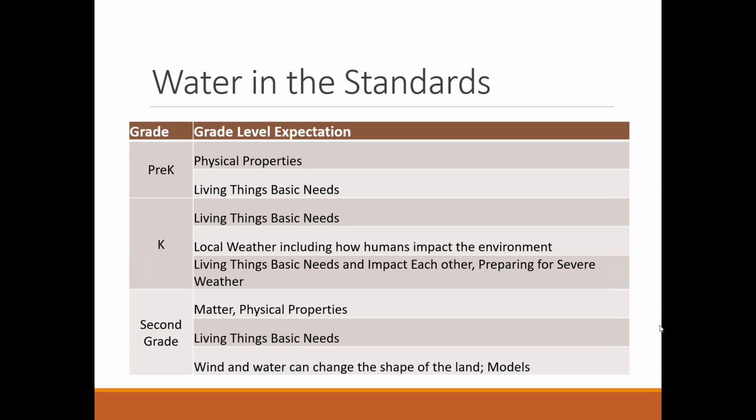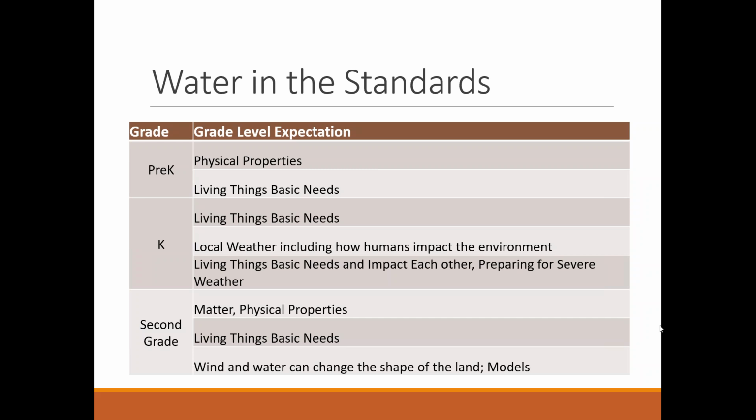You're also going to see repeated across grades ideas around living things having basic needs, which includes water and how they get water in their environments. And the concepts, this is kind of an abbreviation of what's in there. The concepts definitely get bigger as the grades go on, and have a little more information in them, but you'll see that occur throughout.